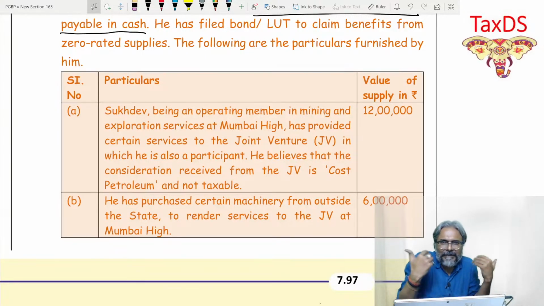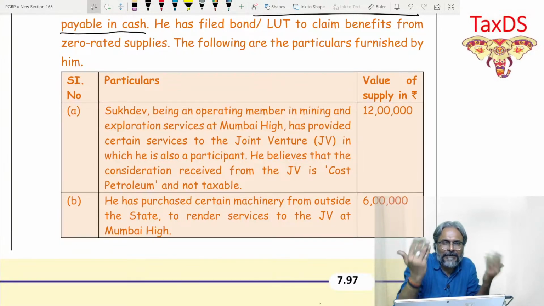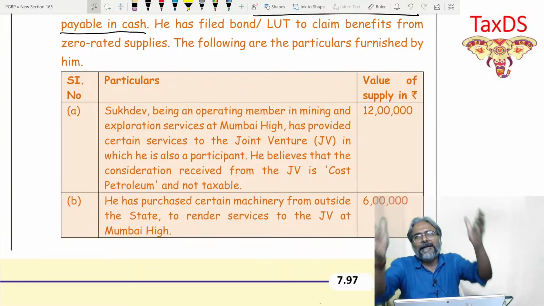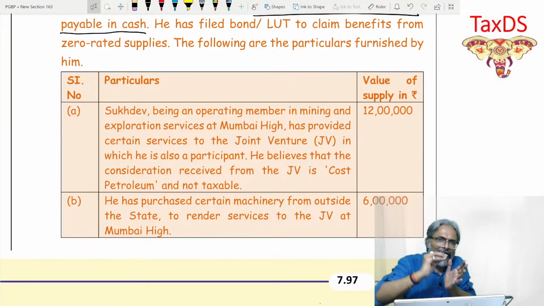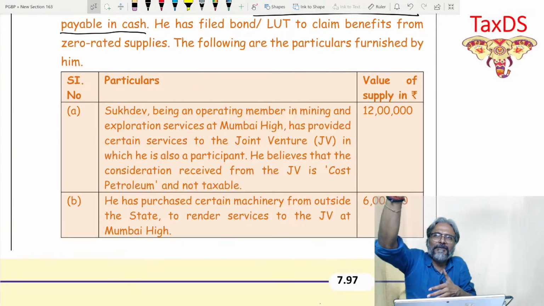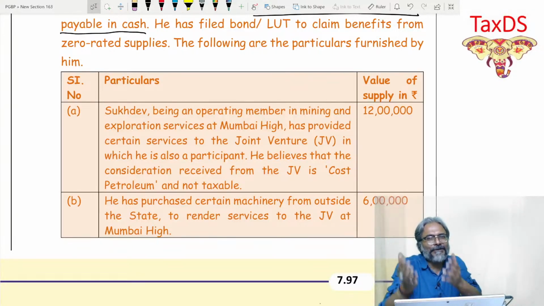Against whatever crude petroleum is found from that exploration, some portion goes to the government.